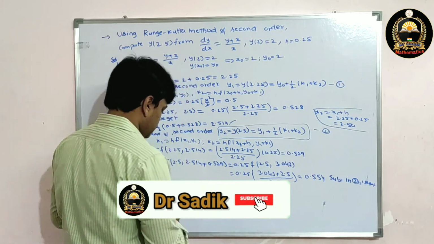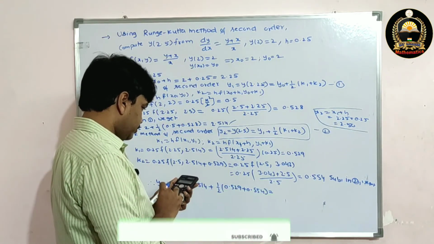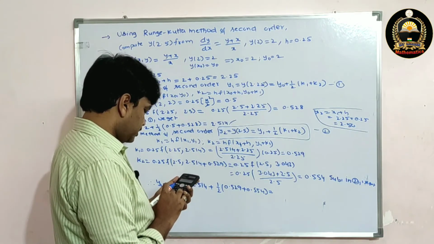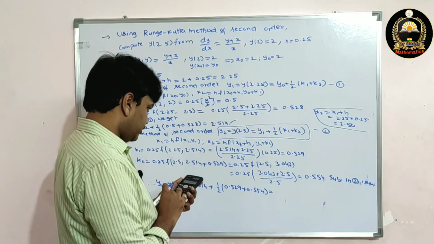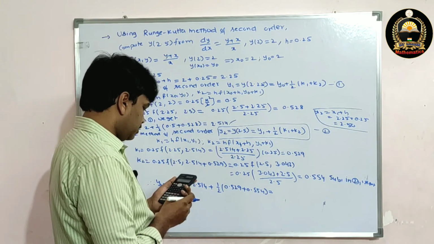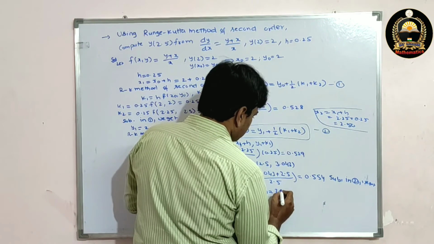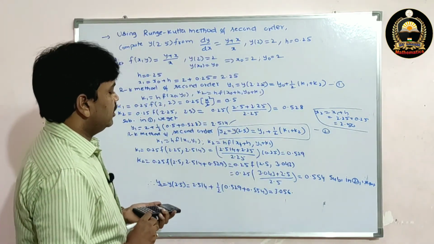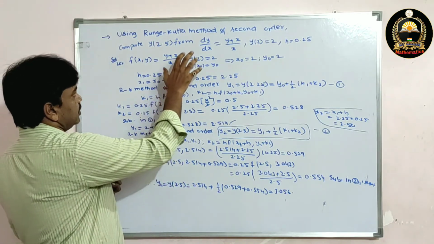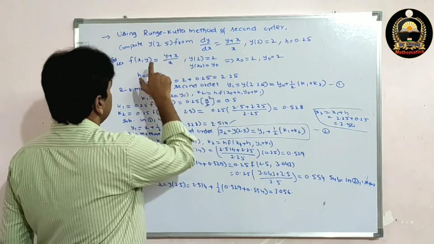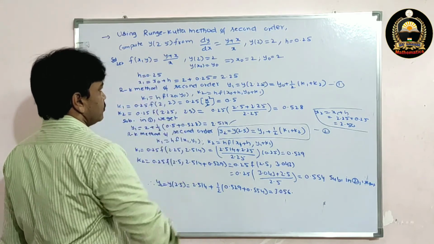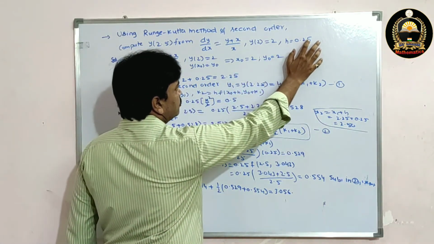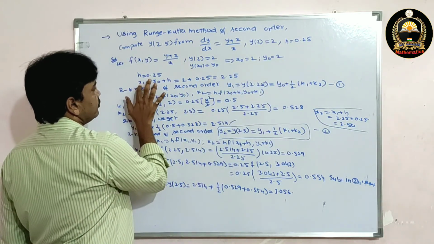That is equal to 2.514 plus 0.5 into (0.529 plus 0.554), that is equal to 3.056, which is the solution of the given equation at 2.5, students.